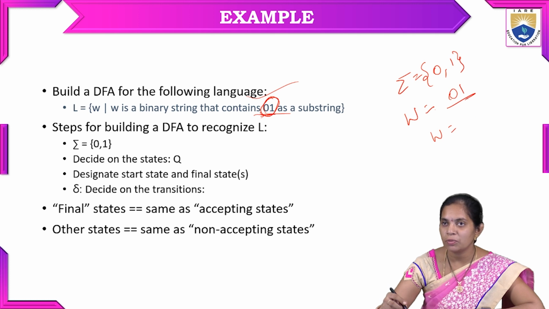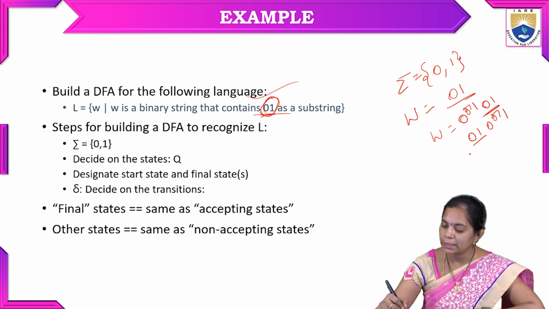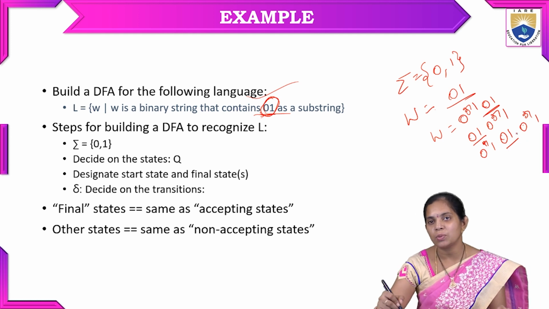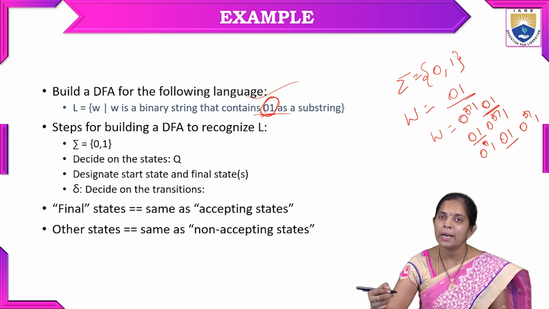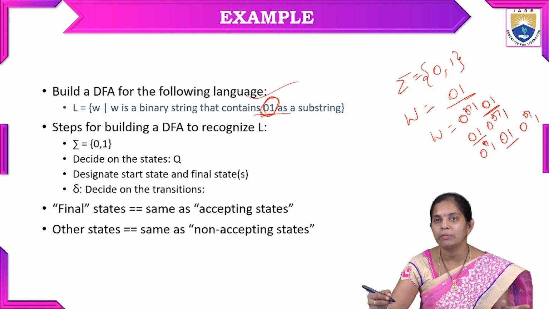By this logic, we can write either 0 or 1 initially, along with the 01 substring, and then either 0 or 1 at the end. So the string can start with 0 or 1, or end with 0 or 1, or both, and in between we have the substring 01.